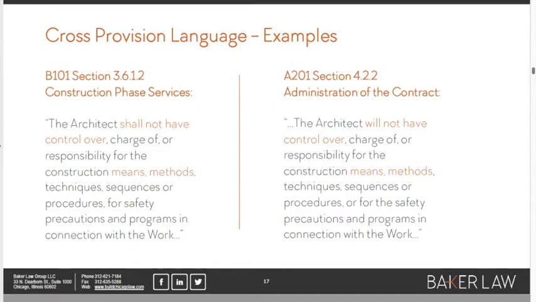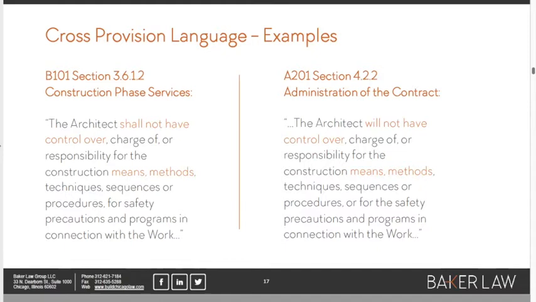I bet you a lot of you have just drilled into your brain that that's true. What's the genesis of some of these ideas? You're looking at it right here. And if you slide over to the right-hand side and you look at the A201 general conditions, it is going to contain some of the same concepts. So the B101 and the A201, they work together hand in glove. They're meant to be used together.